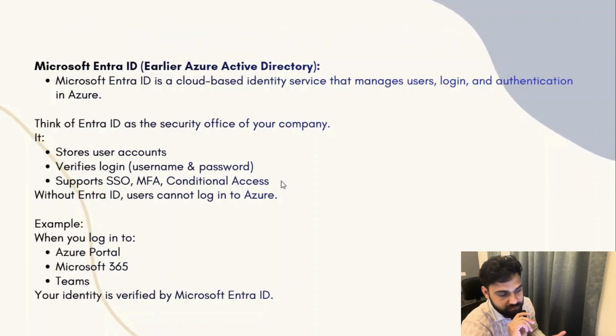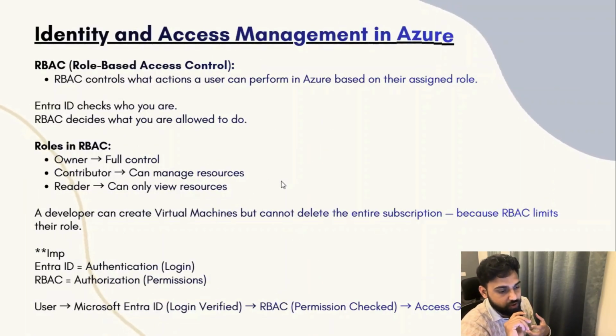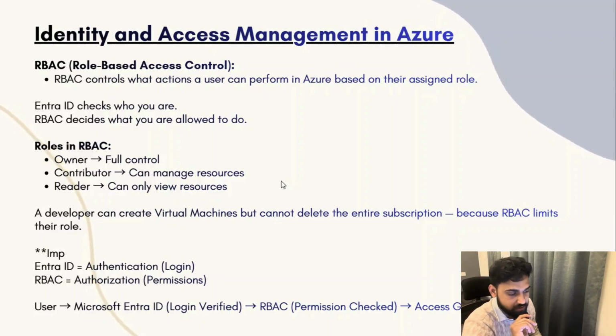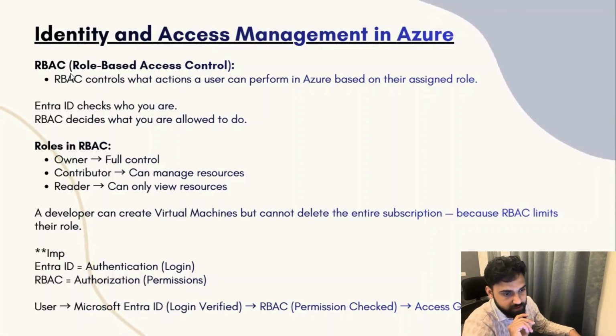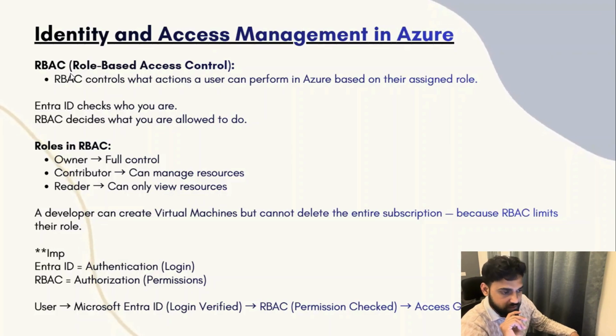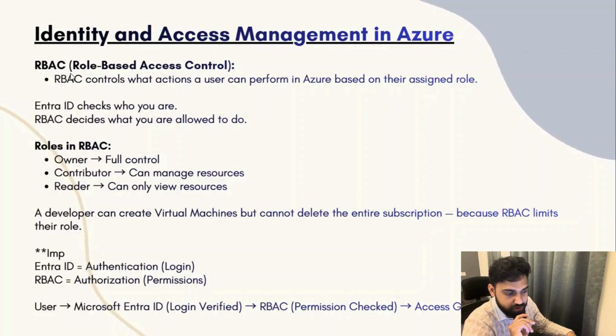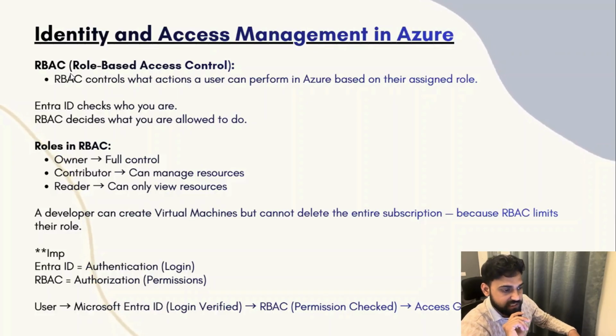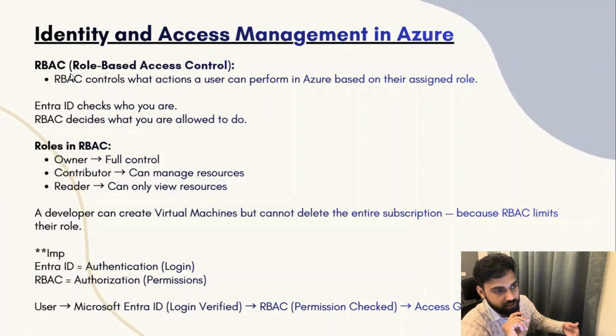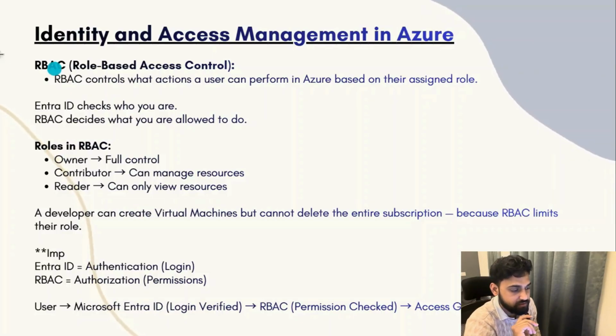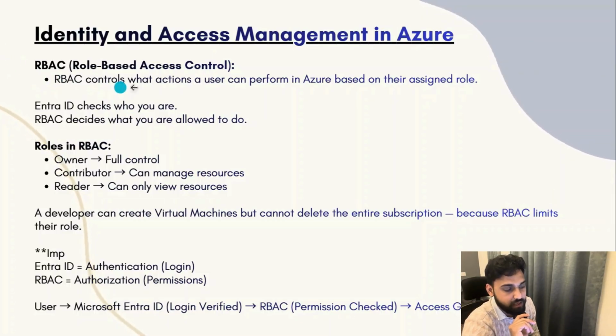Then we have role-based access control, that is part of authorization. That is not authentication, that is authorization. Basically once the user comes to your application and you grant the access, after that role-based access control comes into the picture, and it decides the role of that particular user, what access I should give to that user. By definition, role-based access control defines what action a user can perform in Azure based on their assigned role.